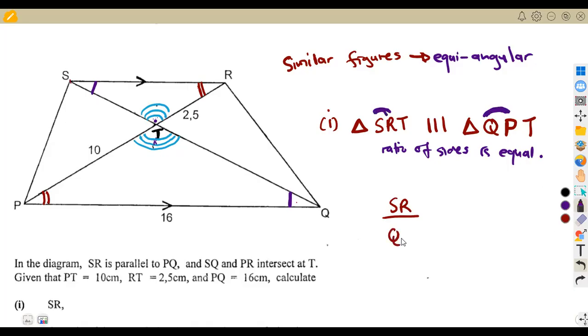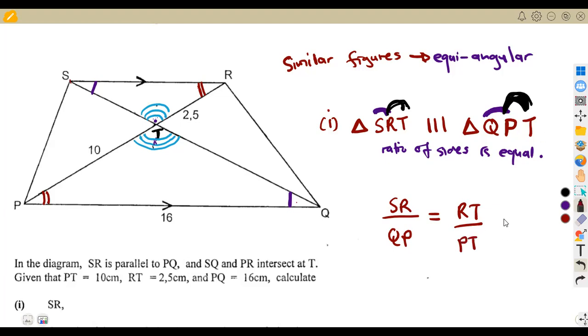So this one is going to be QP is equal to, we move on to the other one. If we move from R to T like this, RT. So we are saying RT over the corresponding side here, Q, P and T in this case, R and T, P and T. That is how you're supposed to take this.